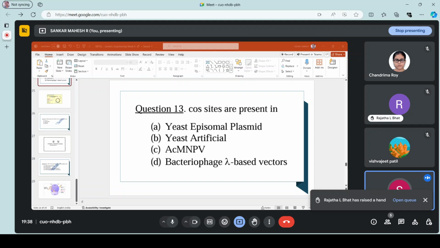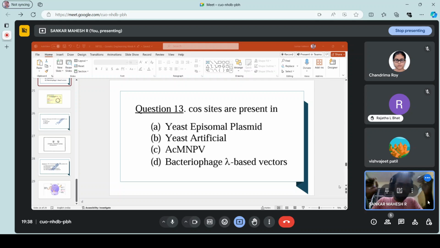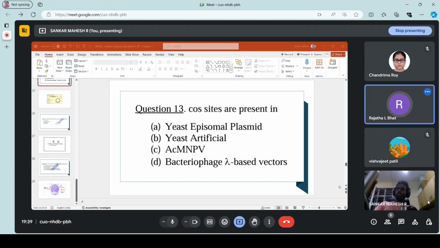Rajita, you can start by describing what cos sites are. So, cos sites are specific DNA sequences found in lambda and related phages that play a critical role in packaging and circularization of the phage genome.